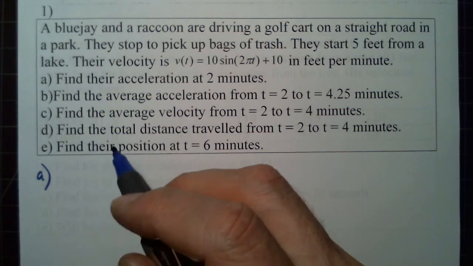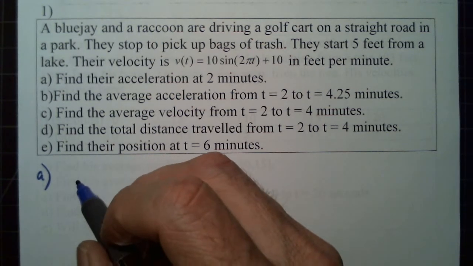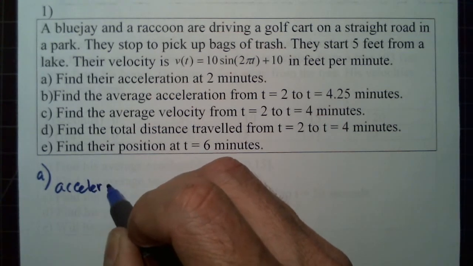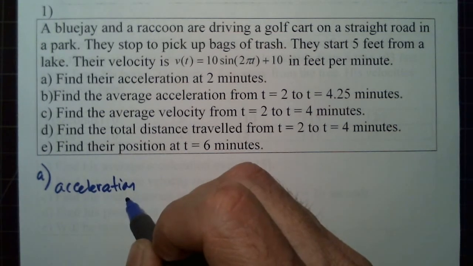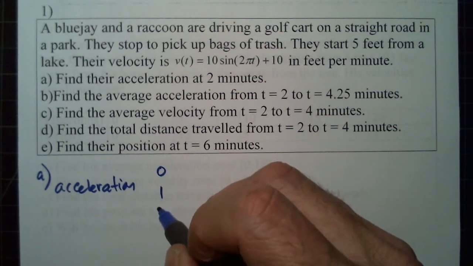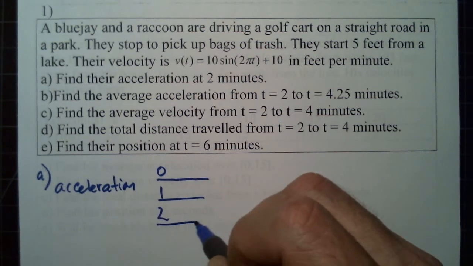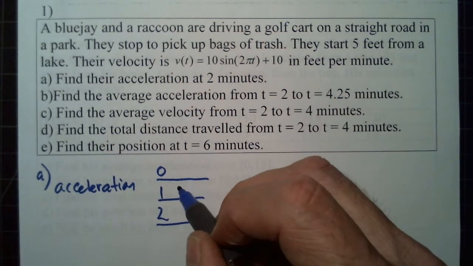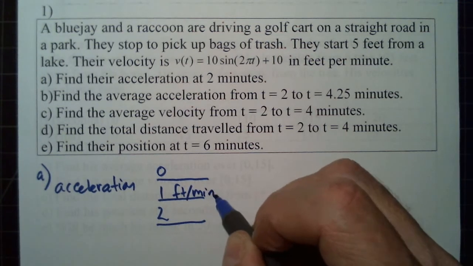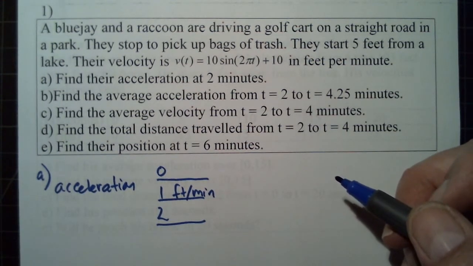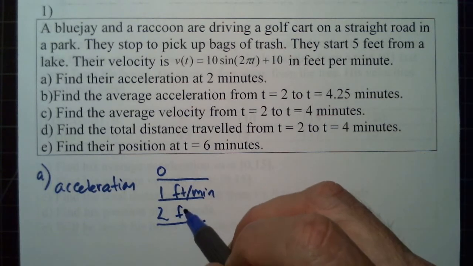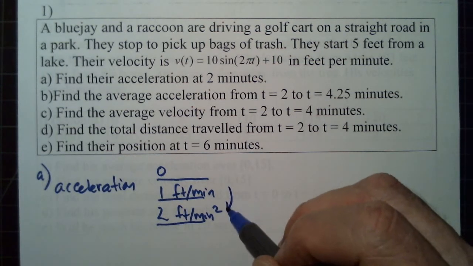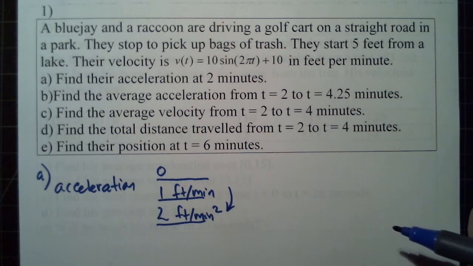The key word is acceleration, but we also want to look at the levels of rates, and if we write down the units, the velocity is in feet per minute, and if we are trying to find acceleration, we know we need feet per minute squared, and this helps us confirm which calculus concept we're going to use.